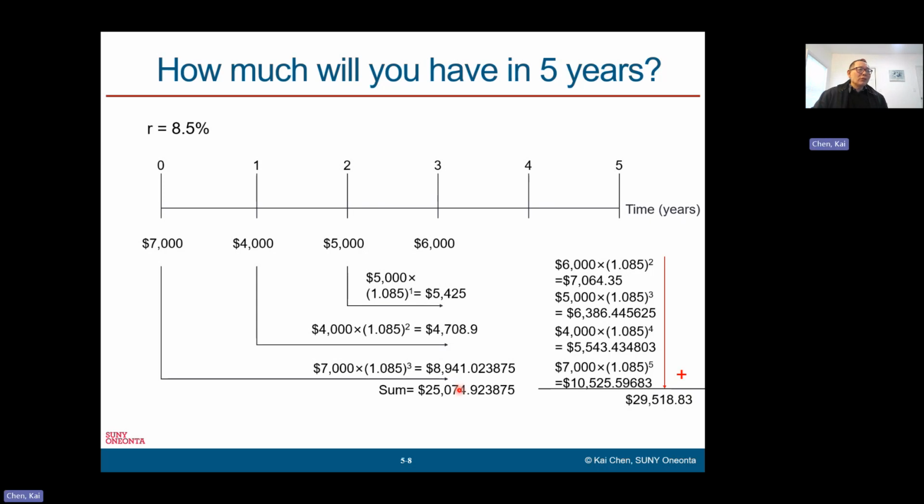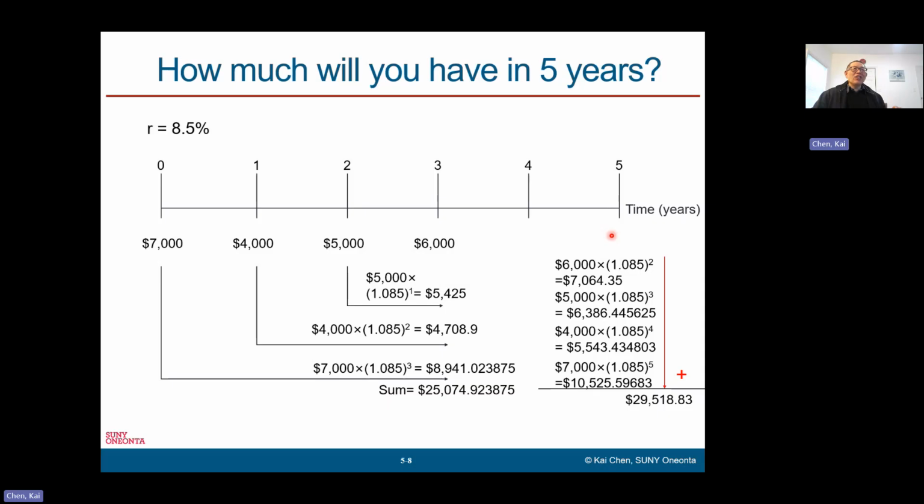Now you want to know how many dollars you will have at the end of year 5. This is a single investment, a single cash flow process. At the end of year 3, the value of your investment is $25,075. Now you keep this investment for 2 more years, and you want to find out the future value of your investment.